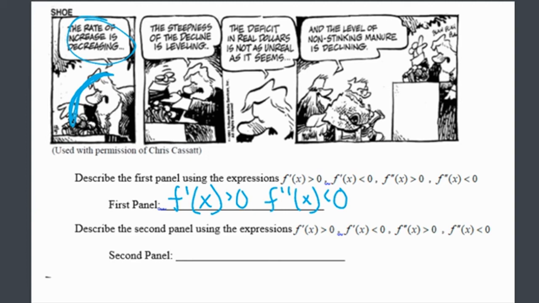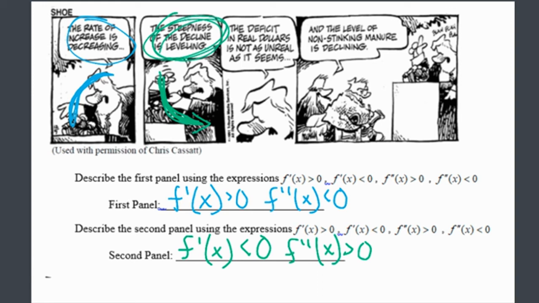If we look at the second panel, the steepness of the decline is leveling. So the graph is declining. It's going down, so it's going to have a negative derivative, but the decline is leveling, which means that even though it's going down, it's concave up. So we have a double prime that's greater than 0.